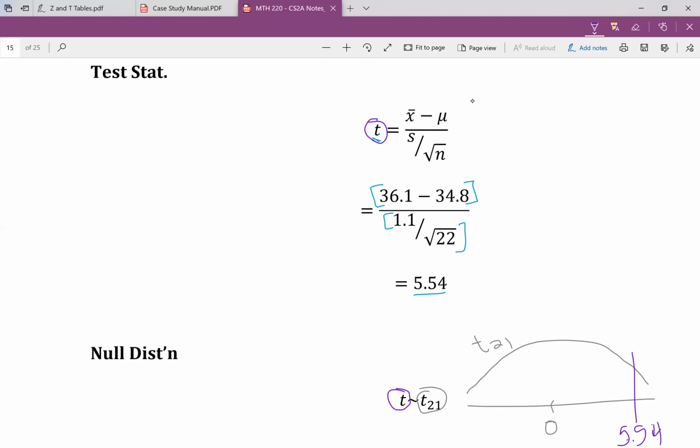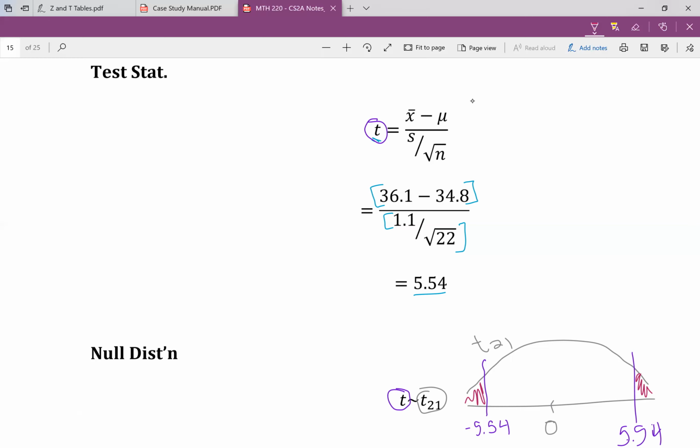The thing about being two-tailed is I don't want to just consider the left tail or the right tail. I physically want two tails going on. So we're also going to come back here and do negative 5.54. I'm going to shade the area to the left of negative 5.54 and to the right of positive 5.54. What I have shaded in pink is going to become our p-value.